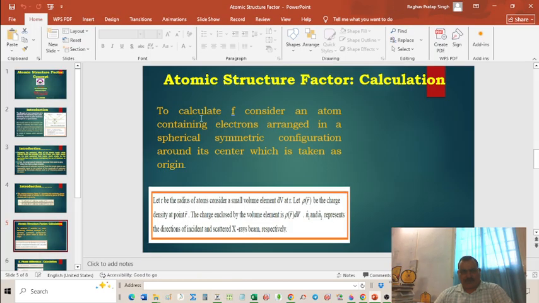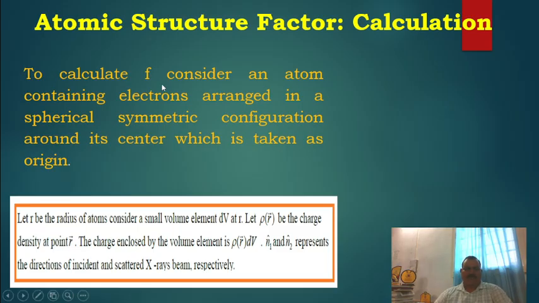So here I am writing that to calculate f, consider an atom containing electrons arranged in a spherically symmetric configuration around its center, which is taken as origin. Let R be the radius of the atom, considering a small volume element dV at r.